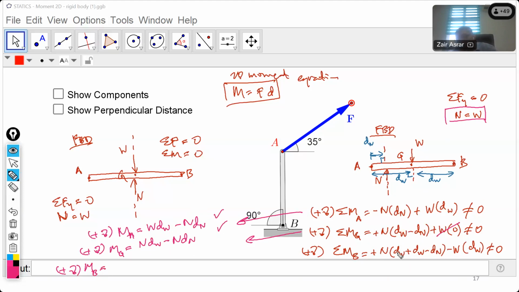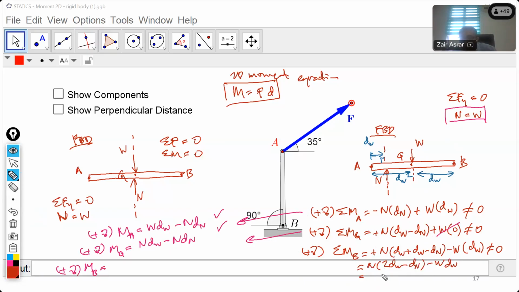So moment at B in this case is pretty lengthy. Let me simplify it further for you. What we have here is n times 2 dw minus dn, minus W dW. Since n is equal to W, 2n dW will be equal to 2W dW minus W dW.